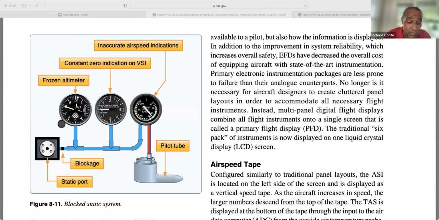And with all those gears and things and wheels inside this VSI, that's how you get a number going up or going down. Basically, it compares the air in the bellows. It has that little hole in it.